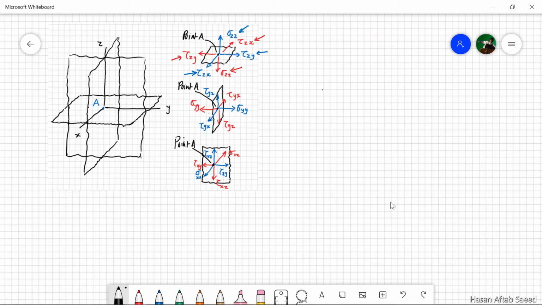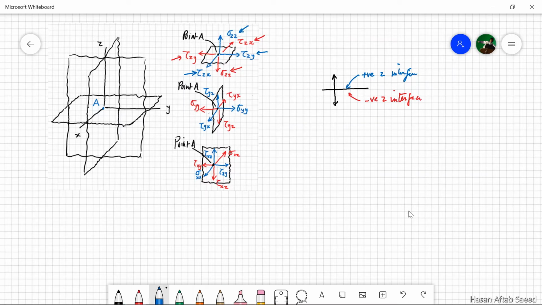For example, for the Z interface, this is the positive Z interface because outward normal is in the positive Z direction, whereas this one is the negative Z interface because of the outward normal being in the negative Z direction.